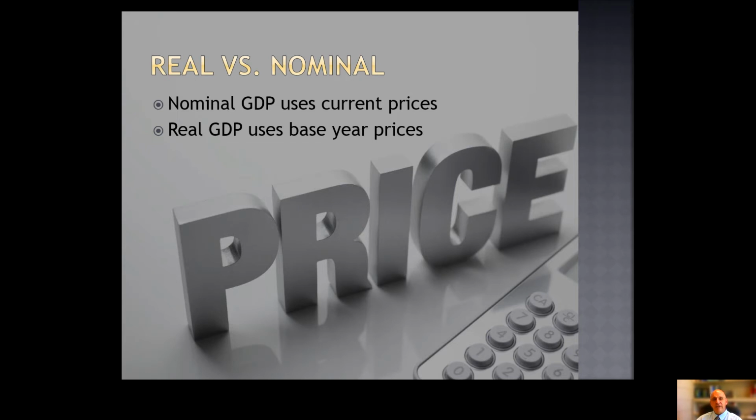And it's really not a very effective way of comparing the growth of an economy through time because prices are always changing. Really what we'd like to use is what's called real GDP, which holds the prices constant at a base year and really just lets the quantities change through time.